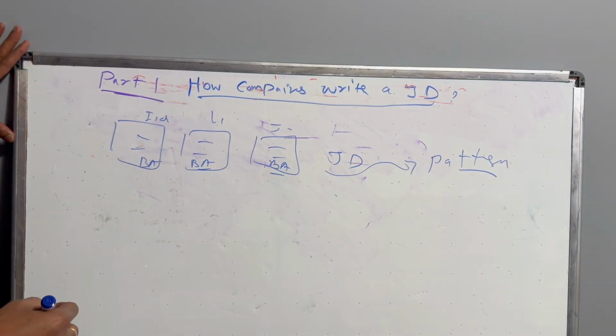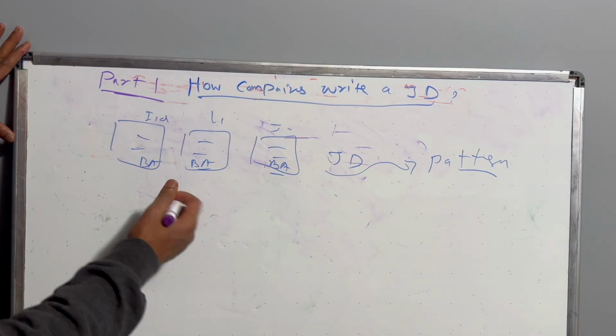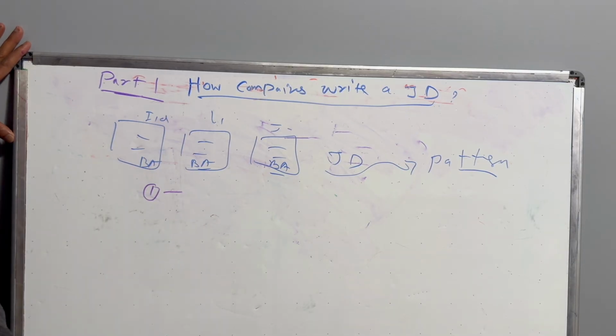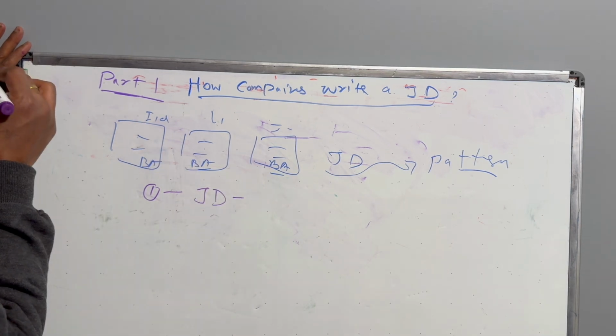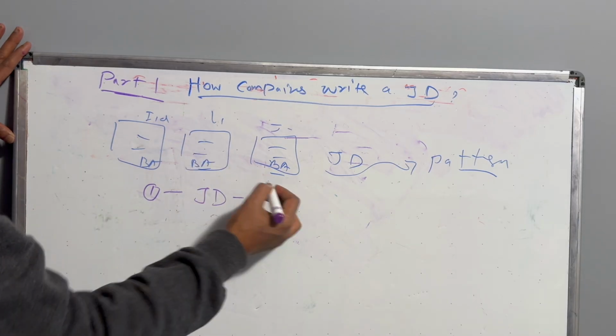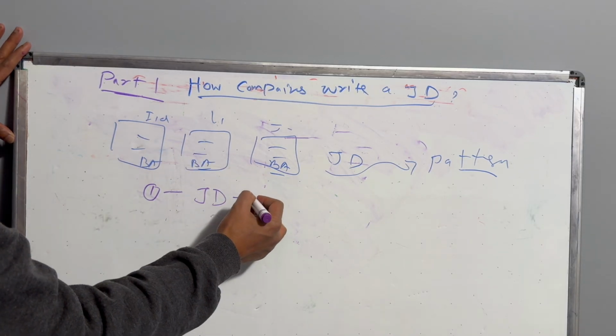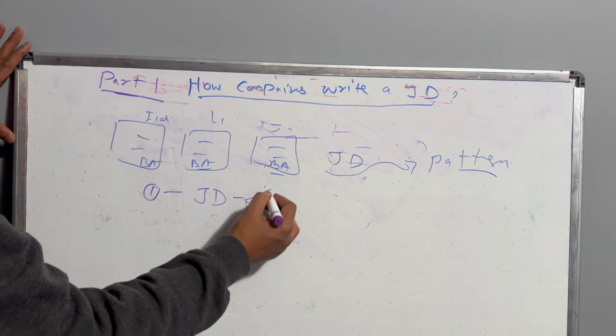So what is the pattern? There are 3 things you can see in the job description, the JD.